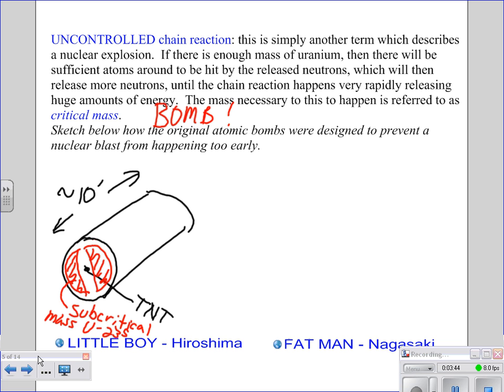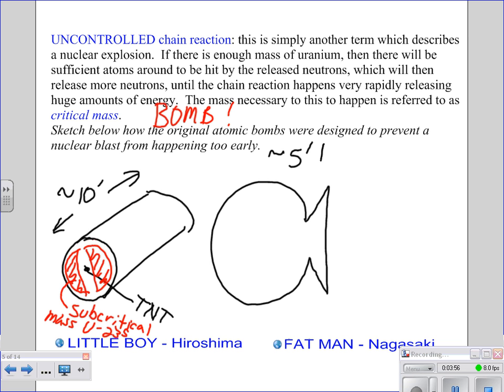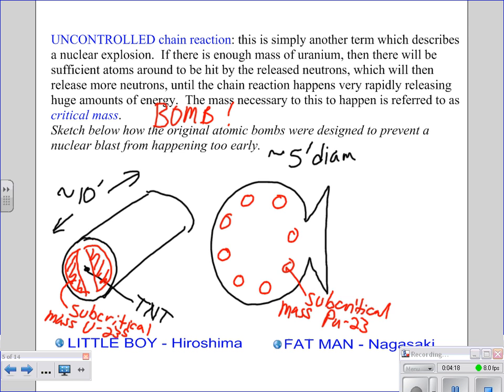And the other one we have is Fat Man. In this situation, it's a little bit more cylindrical or spherical, and it's about 5 feet in diameter. And the process here is that we have a lot of subcritical masses, and I believe it was plutonium-239 in this case.